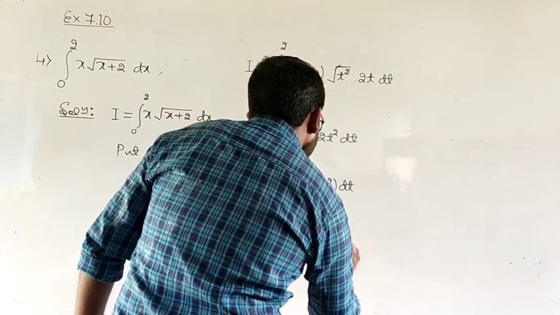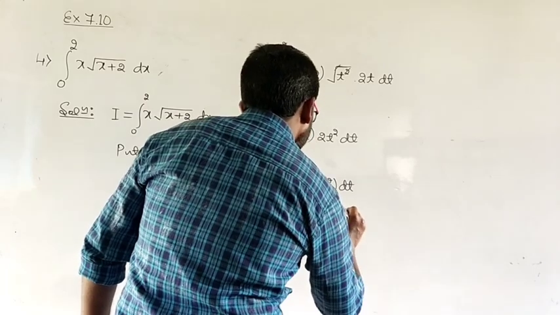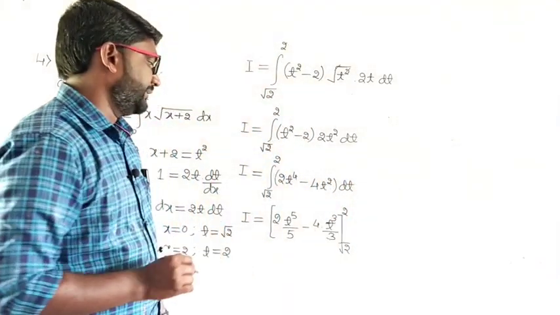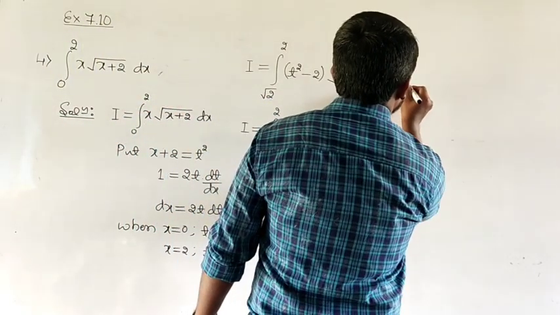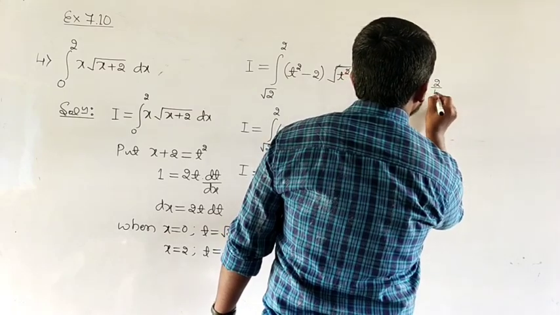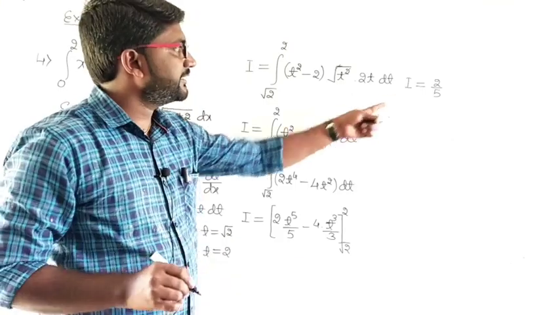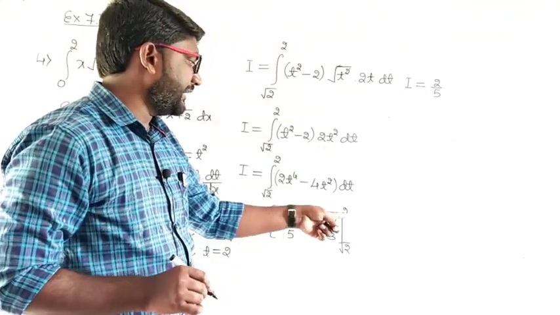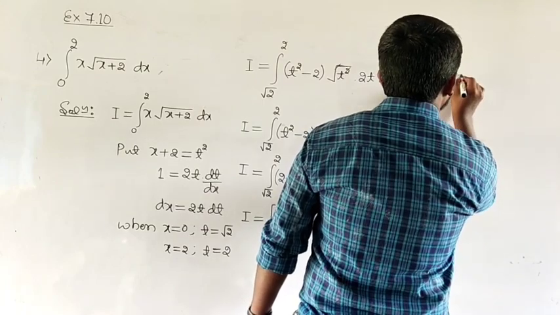Then apply the limits, root 2 to 2: upper limit minus the lower limit. Here 2 by 5 is a constant, I have written it as it is. In place of t I have to write 2, so we get 2 to the power 5.